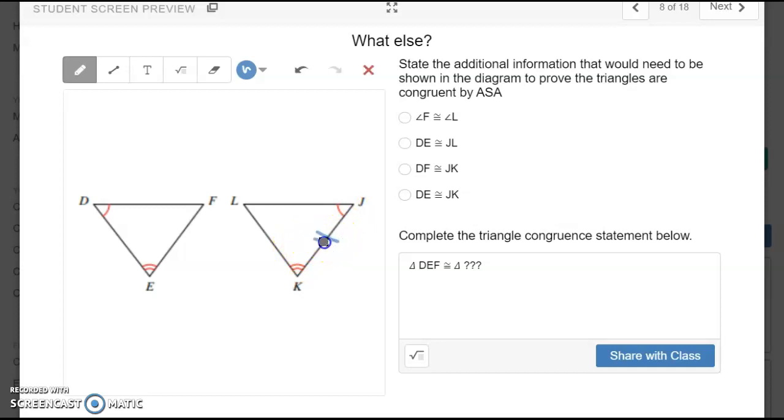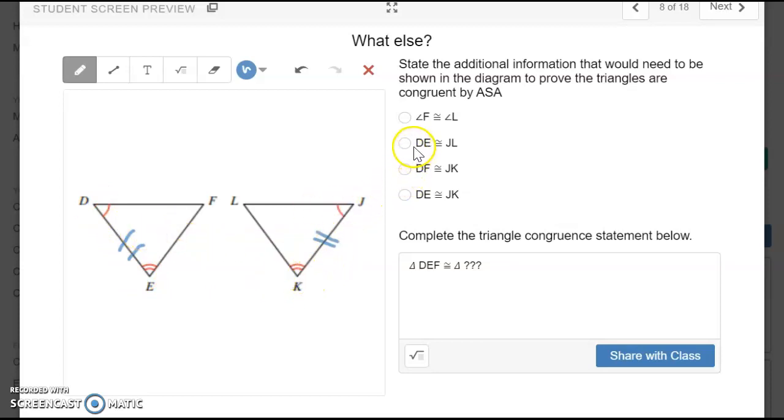So I need this side to be congruent to this side. So which one is that? How would you call this side? It starts off in D and ends in E. Or you could say E ending with D. So either DE or ED is going to be congruent to KL or JK.